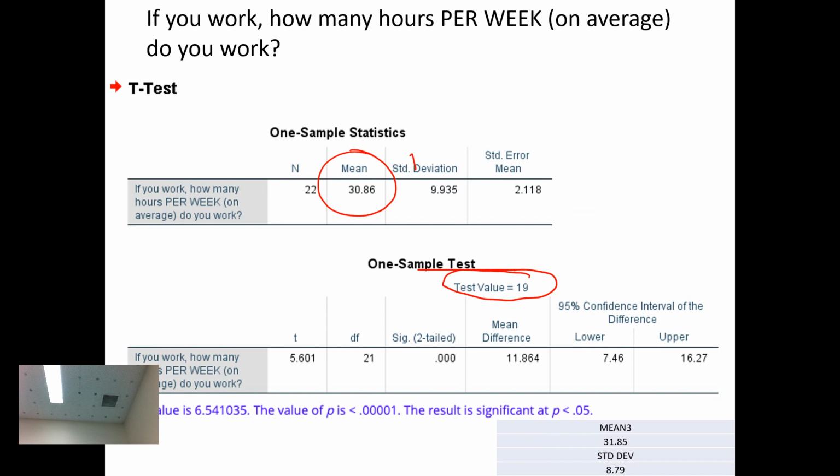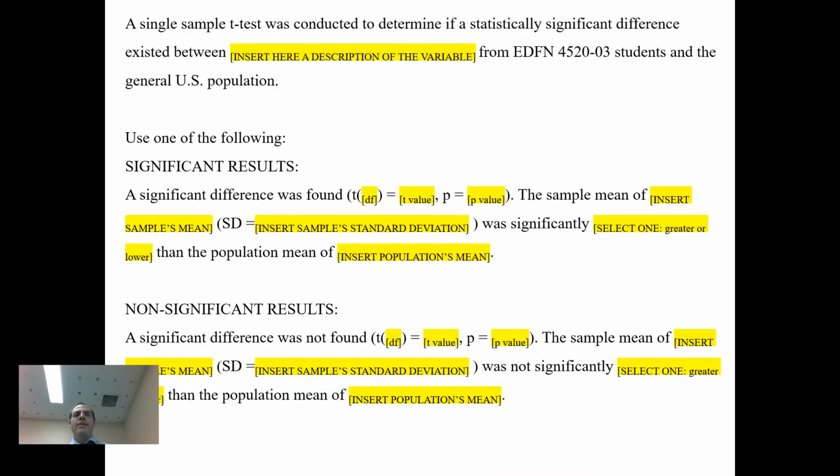Ask yourself a question. Less than 0.05. Yes. Less than 0.05. So the amount of hours you work is significantly different than the national average. That's very telling. So you need to report that.